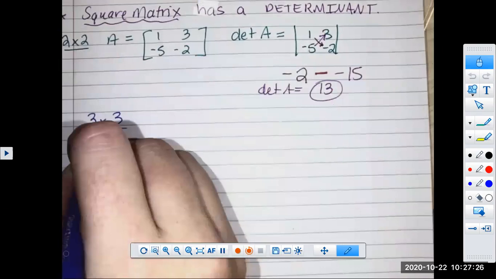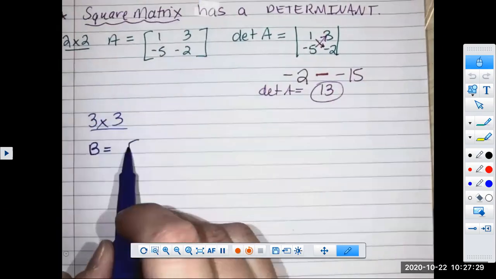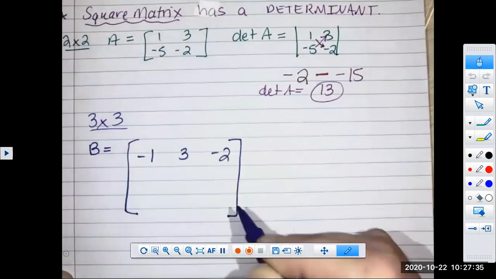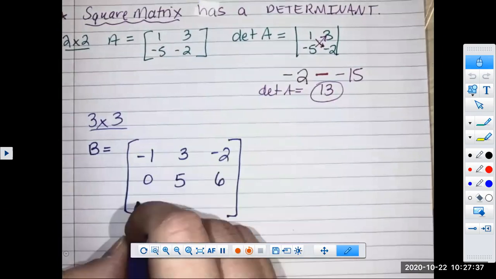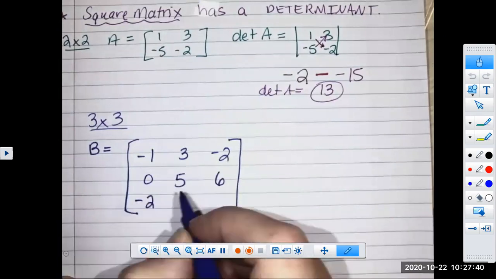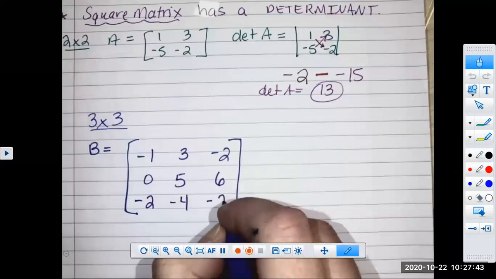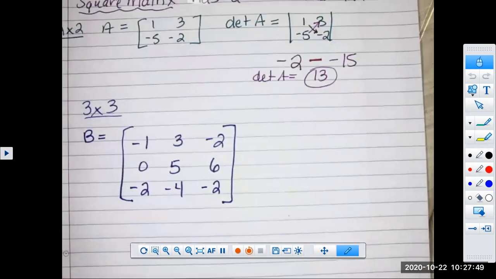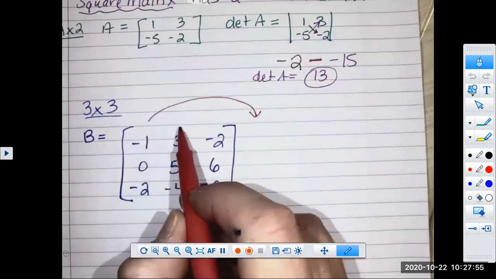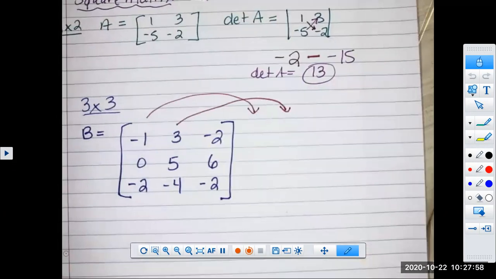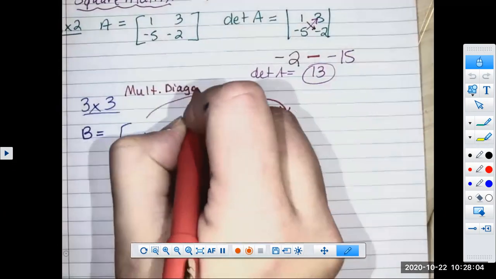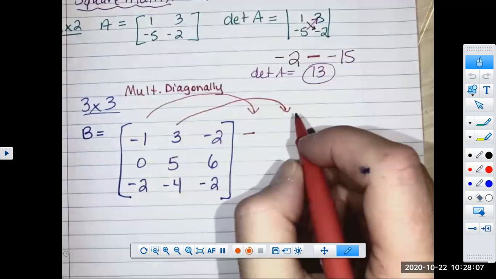So let's say you've got matrix B. All right, what you do in this case, you have to rewrite your first two columns out to the right. So that's your first step, rewrite. This method, we'll call it multiplying diagonally. So rewrite the first two columns of numbers.